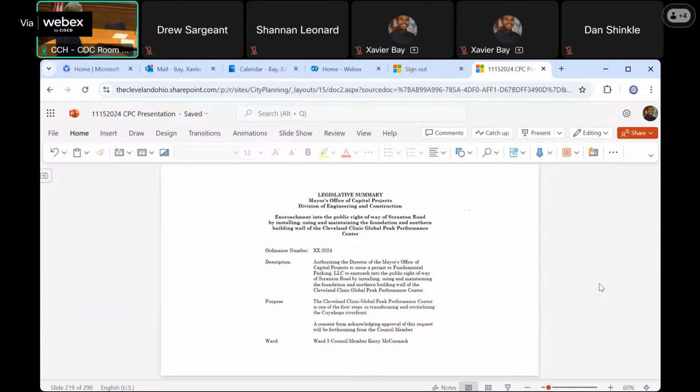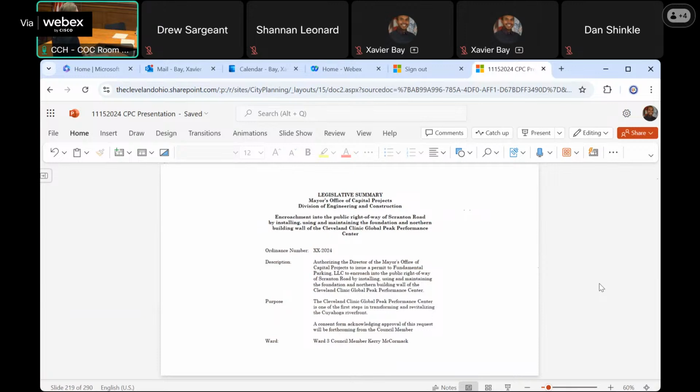So there are two encroachments. This one is for the northern building wall, and it would be granted to Fundamental Parking LLC in order to build the foundation for that side. I do have a representative from Bedrock on WebEx, Nora Romanoff, who can walk us through the slides. Okay.